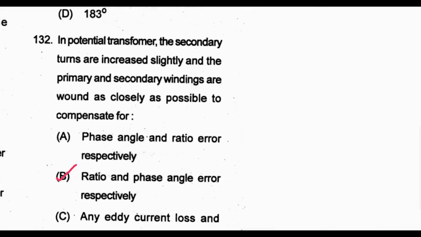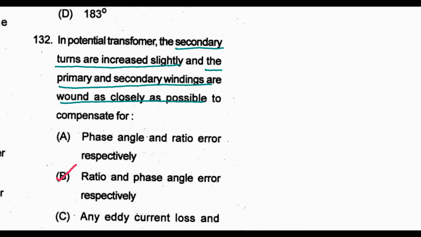So what is given in this question? In a potential transformer, the secondary turns are increased slightly, and the primary and secondary windings are wound as closely as possible.